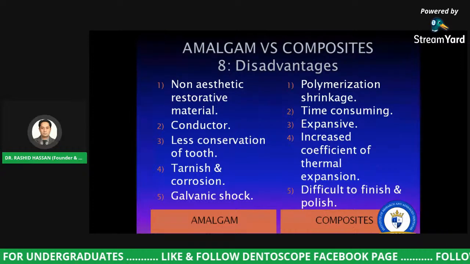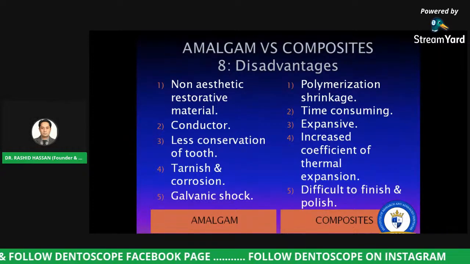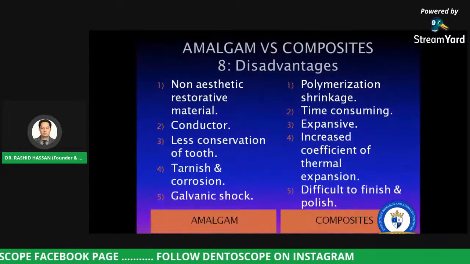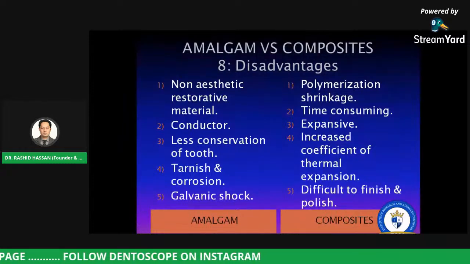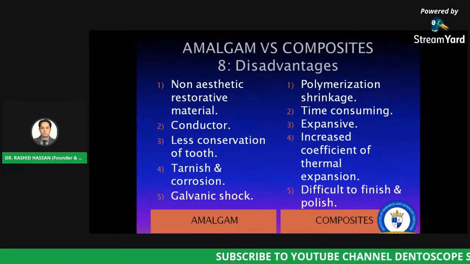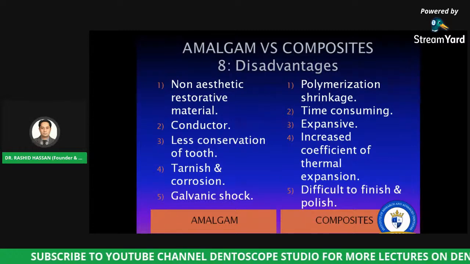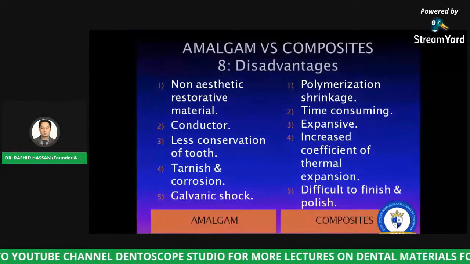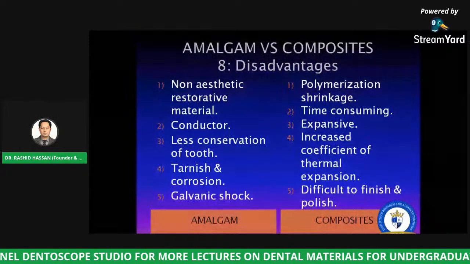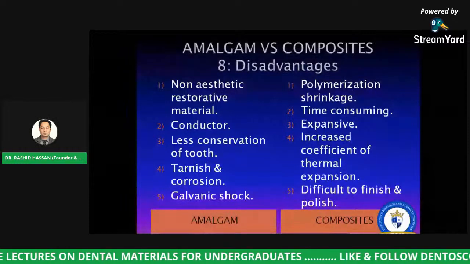Now, difficult to finish and polish. Obviously, dental composite is a difficult material to finish and polish compared to dental amalgam, because for dental composite we need specific finishing and polishing burrs. The finishing and polishing burrs, the discs, the materials are only specific for dental composites.